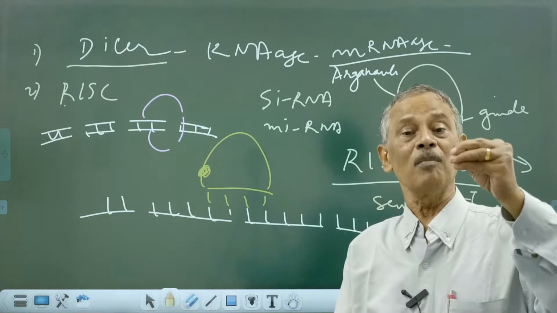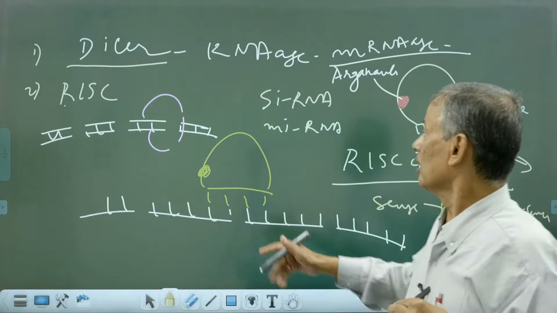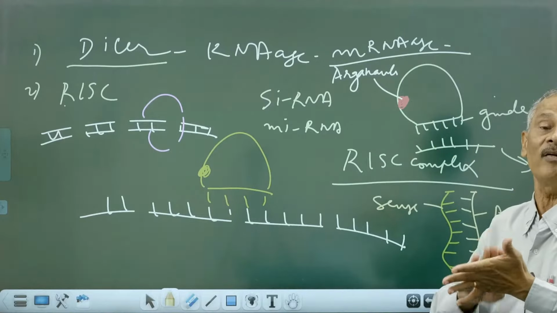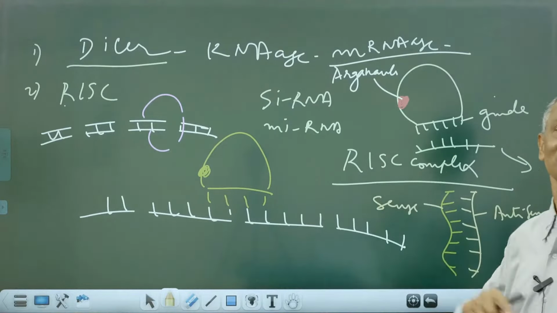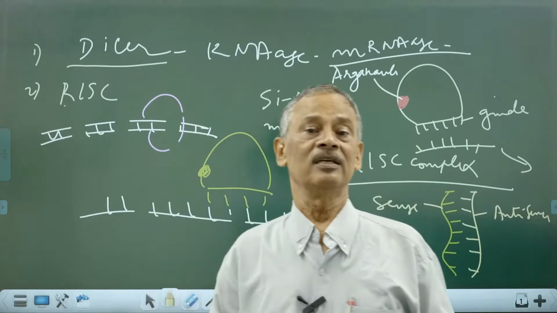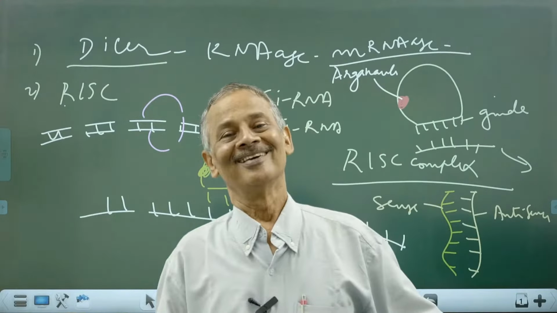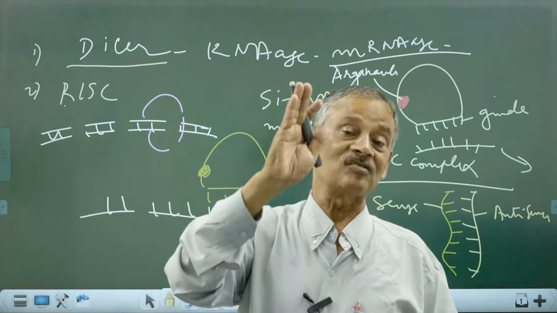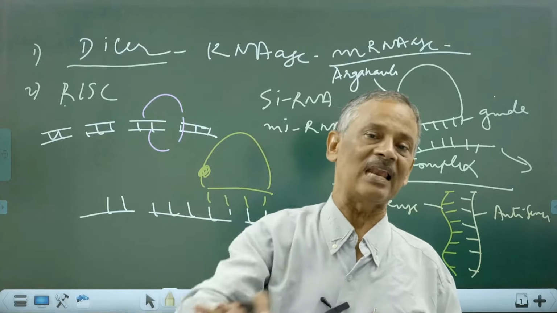Immediately, the mRNA will be destroyed by the RISC complexes that are already made available within the cells by our technique. So even if the gene is present and mRNA is produced, mRNA will not produce any enzyme. The enzyme production is suppressed, the gene is silenced.